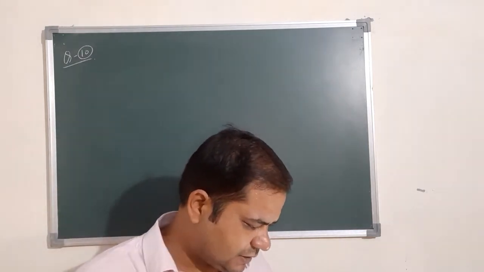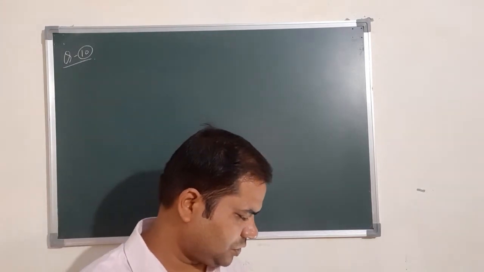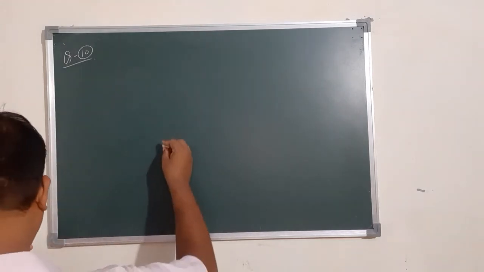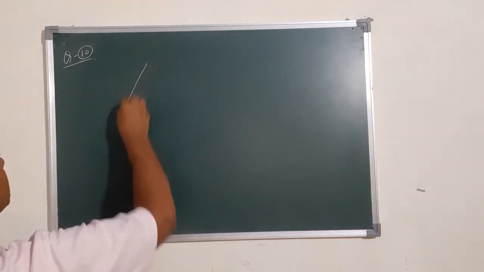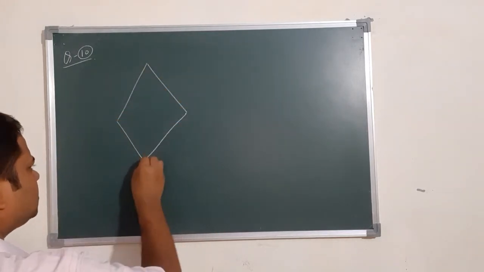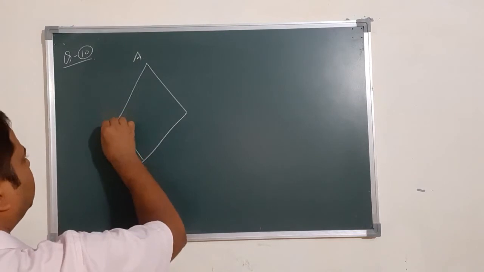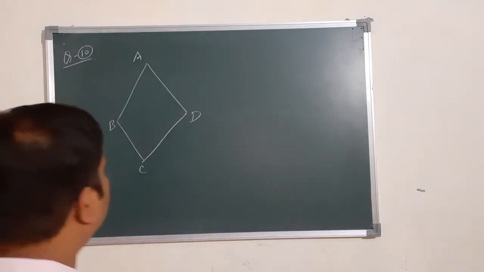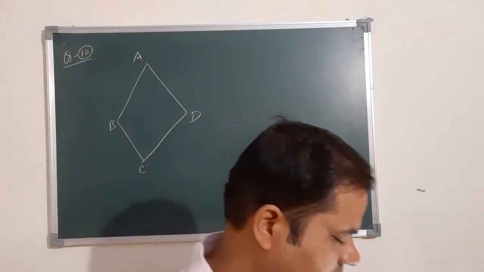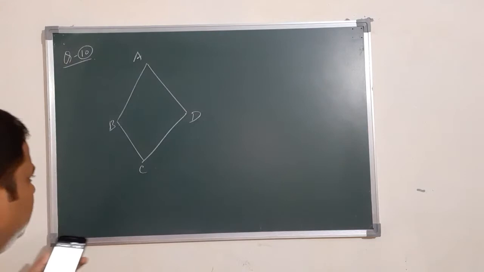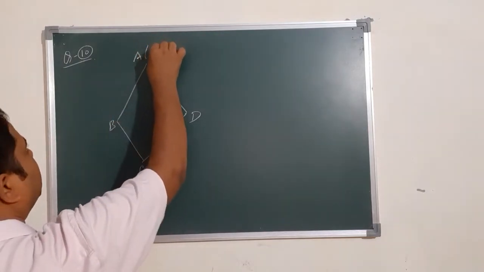with vertices 3, 0, 4, 5. This is the rhombus. You need to find the area of this rhombus, A, B, C and D. The vertices are given: A is 3, 0.